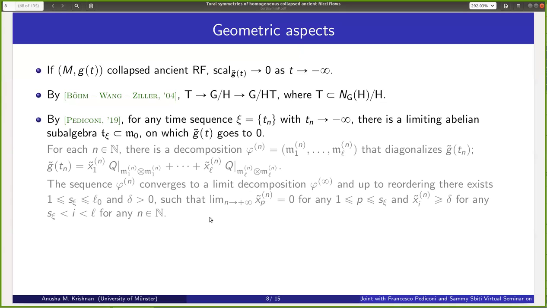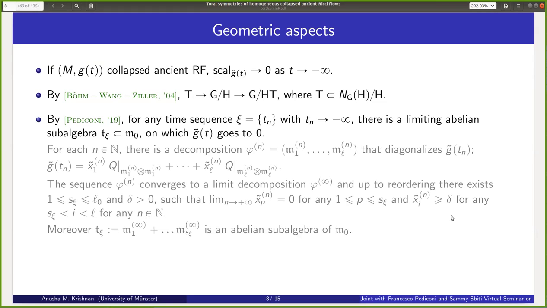What is known further is that this sequence converges up to subsequence to a limit decomposition, which we denote by phi infinity. And up to reordering, there is some number S between 1 and L0. L0, remember, was the dimension of the trivial module, and some delta positive, so that for the first S indices the metric goes to 0, and for the remaining indices the metric is bounded away from 0.